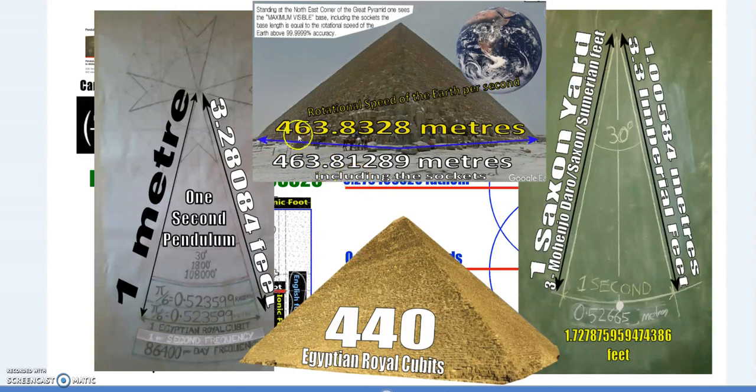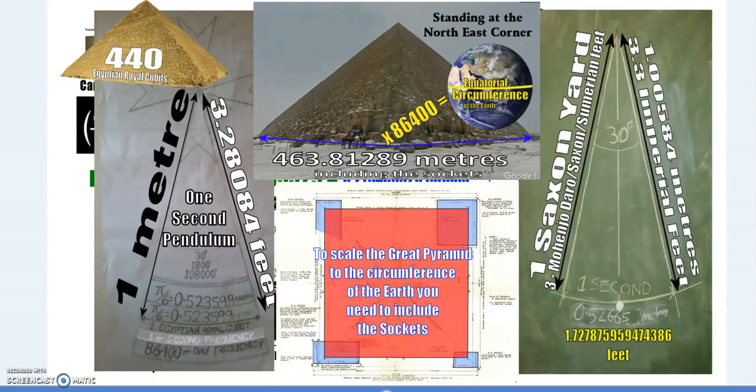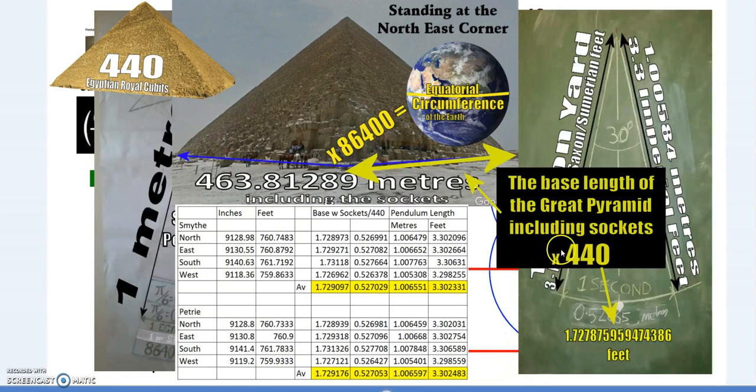Now because you include the sockets, the length of this pyramid is slightly longer than this one. And so we take that measure, divide it in 2 to get a base length, and we divide that by 440. Well, what happens is that the length of the pendulum, to get the speed of the Earth, size of the Earth in relation to the pyramid, the base length of the pyramid, including the sockets, see that yellow?